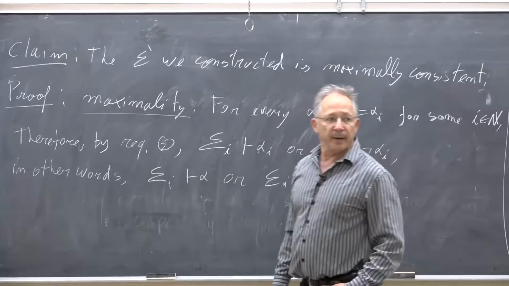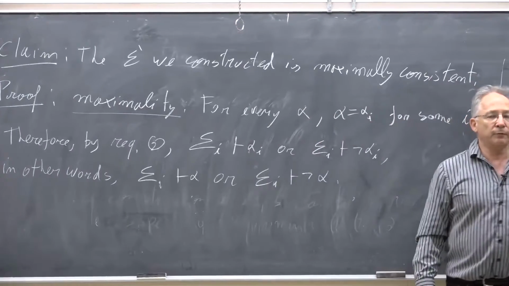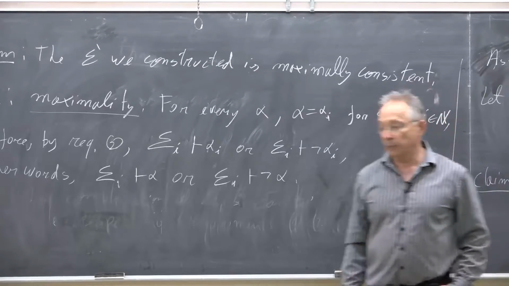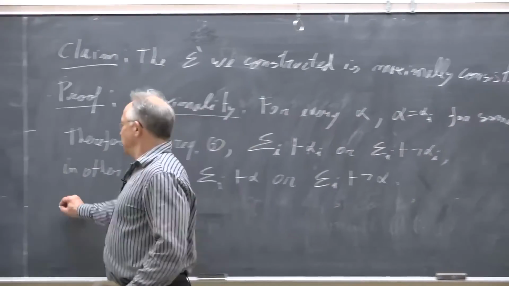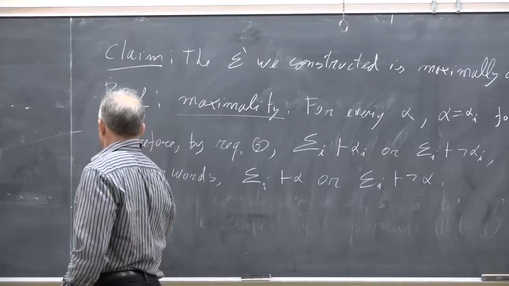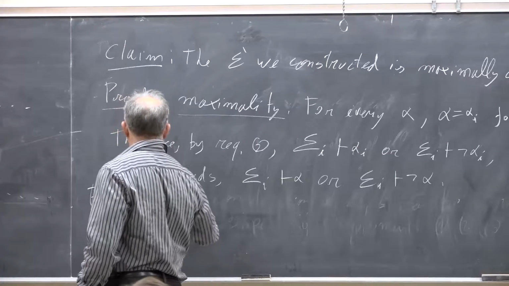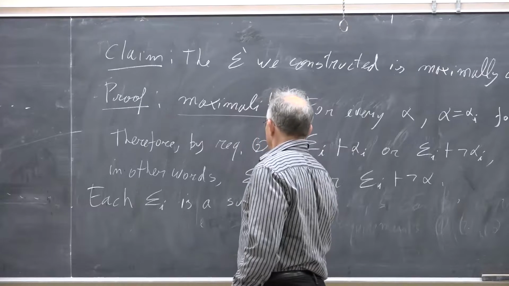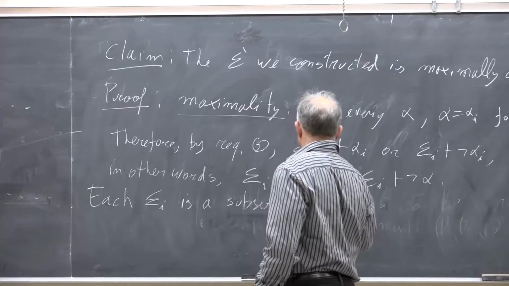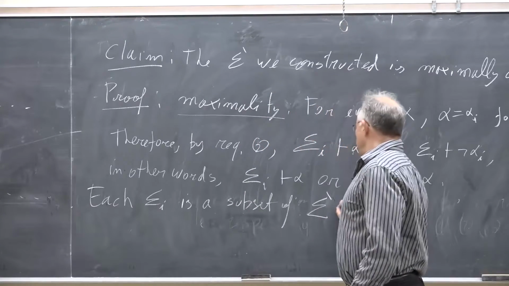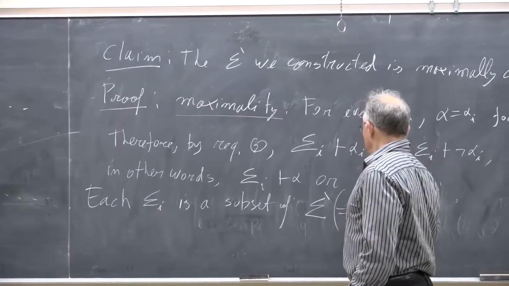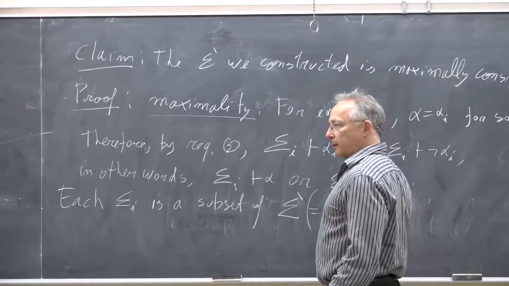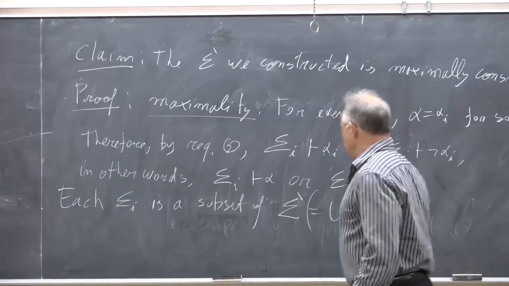So why does sigma prime prove either alpha or not alpha? Sigma i is a subset of sigma prime, because sigma prime is the union of all of the sigma i's. So each of the particular sigma i is a subset.